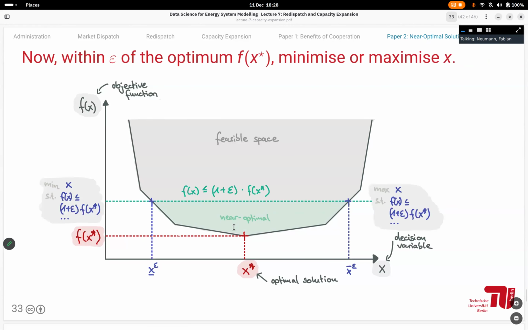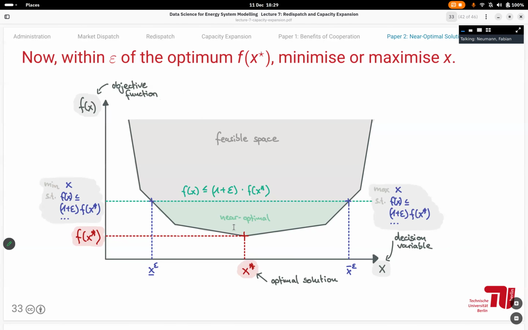And then within that space, and it's up to you how you define the epsilon, you might even iterate over the epsilons, you can look for solutions that minimize or maximize certain features, certain decision variables, for example the investment in wind or in transmission lines, that stay within the set budget.